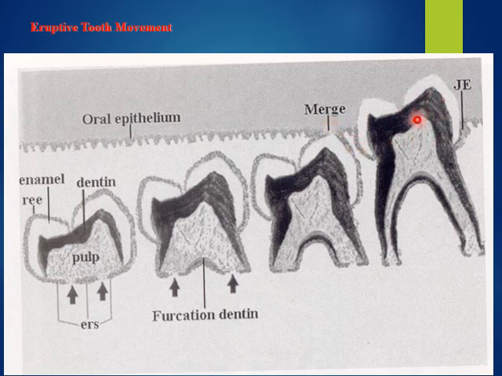Fourth event is the continuous movement, extraosseous tooth movement, to reach the antagonist here. And this is JE, meaning the junctional epithelium. This is the active eruption of the tooth, and this is the passive eruption of the junctional epithelium or dentino-gingival junction, which was discussed in the previous lecture.